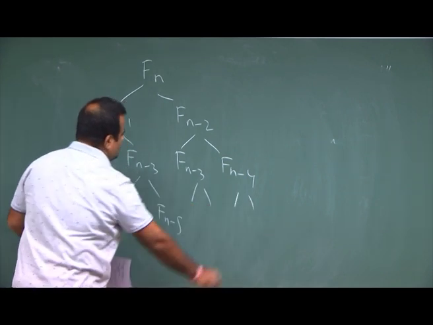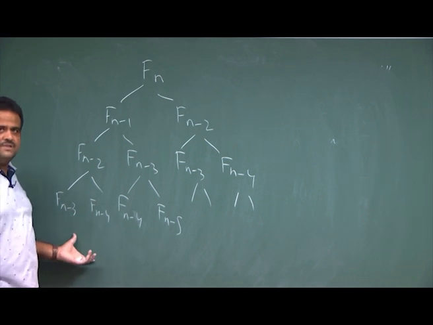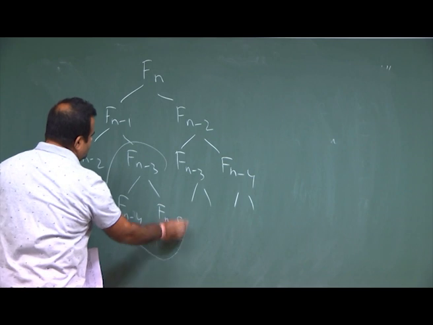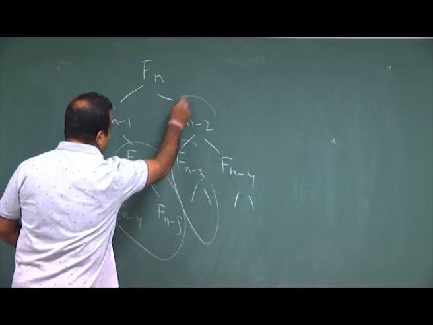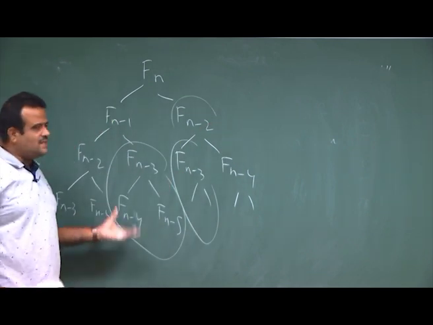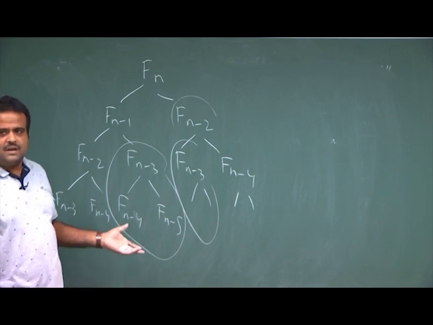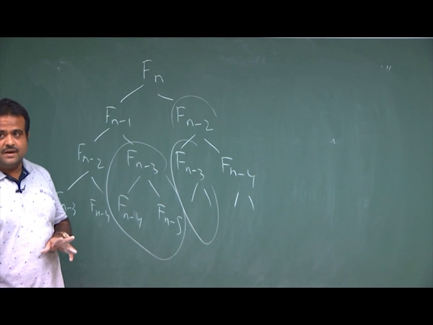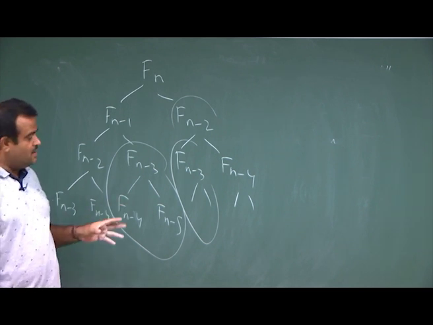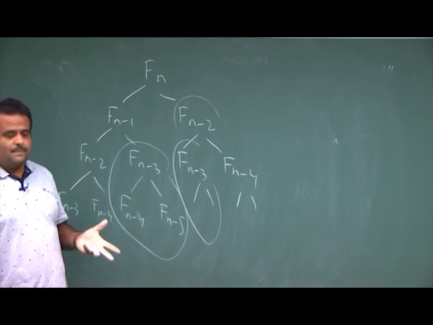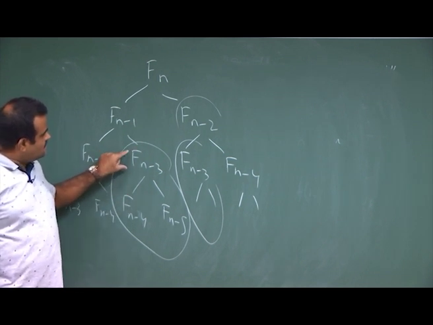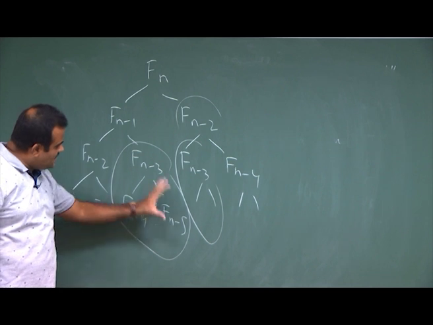So, this is the exponential time algorithm. Now, here if we look at this tree and this tree, they are the same, and this tree and this tree are the same. So, there are many repeated subproblems going on. This is one of the hallmarks of a dynamic programming problem, if we have many overlapping subproblems.